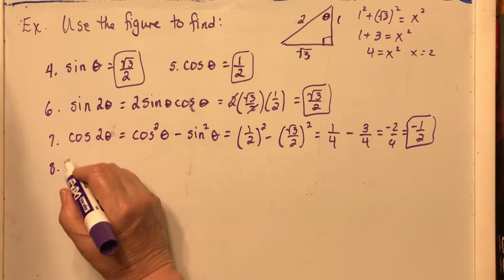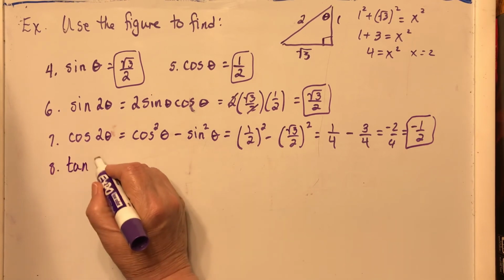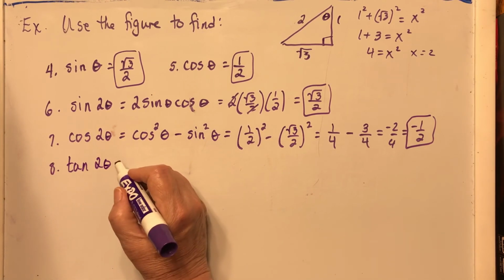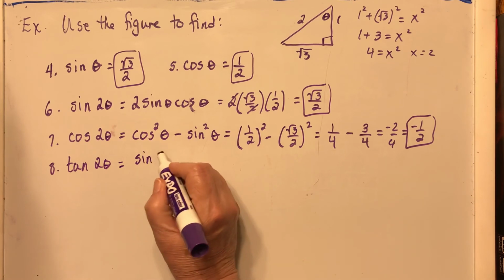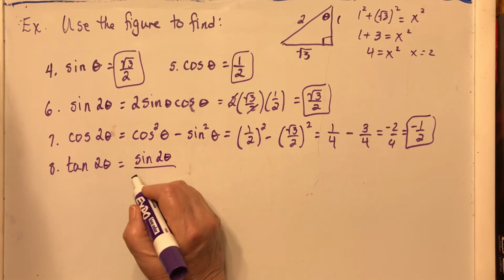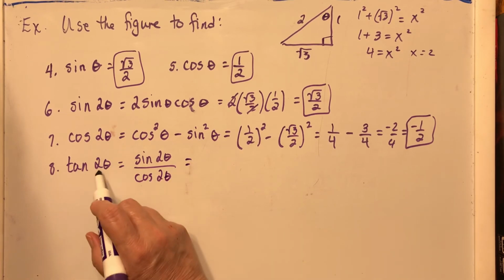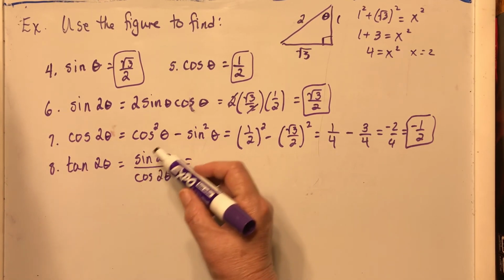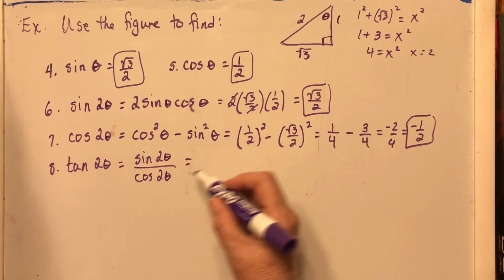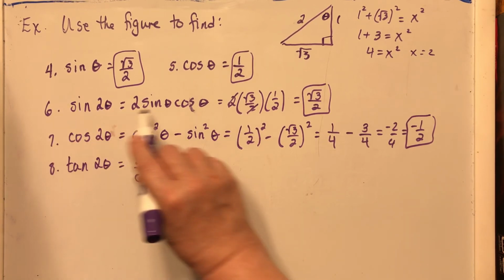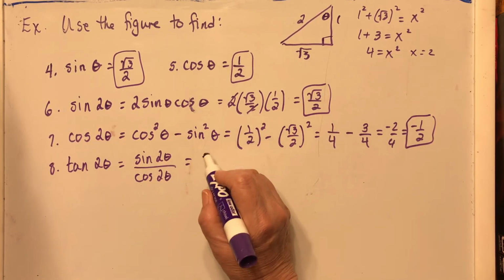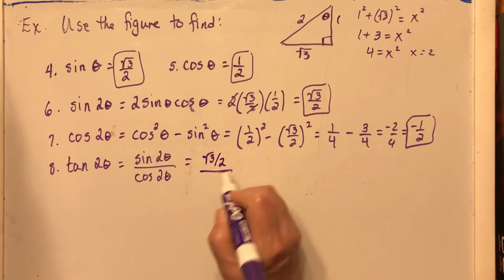And finally, let's go ahead and find the tangent of 2 theta, because that's what they're going to ask you for in the homework. And I just like to go back to our definition of tangent as being sine over cosine. So since we're finding the tangent of 2 theta, it's going to be the sine of 2 theta over cosine 2 theta. So we found sine 2 theta in number 6. That was the square root of 3 over 2.